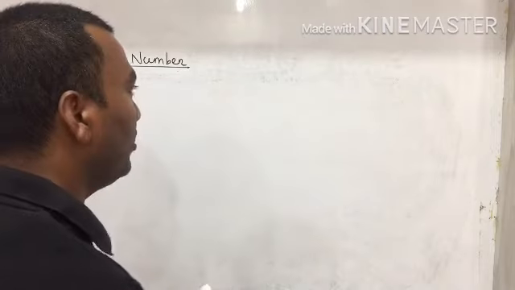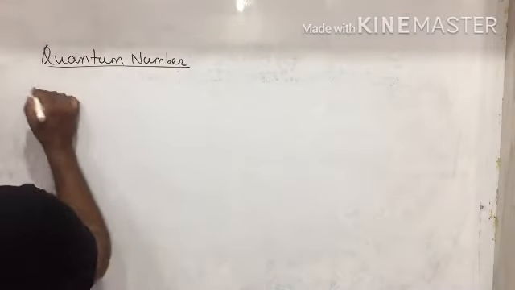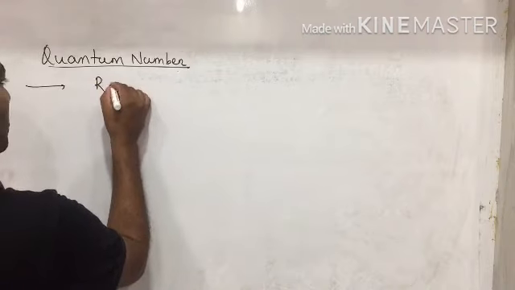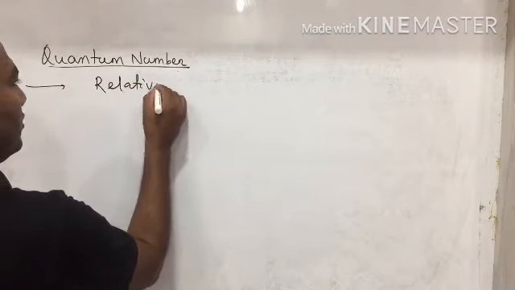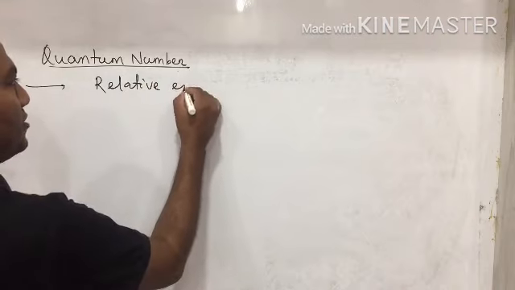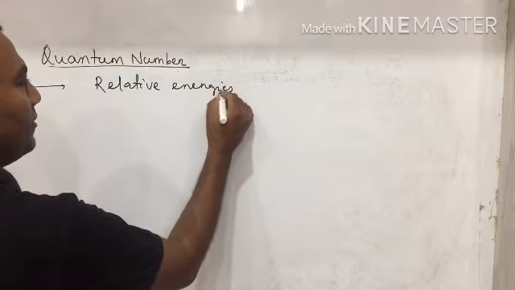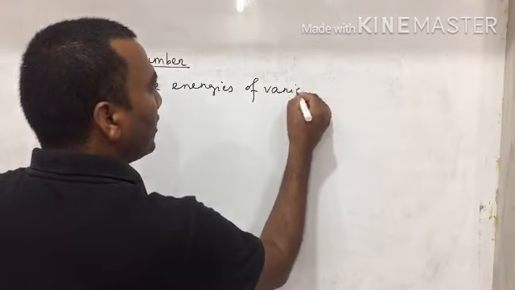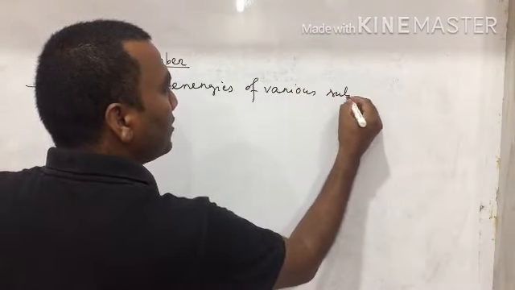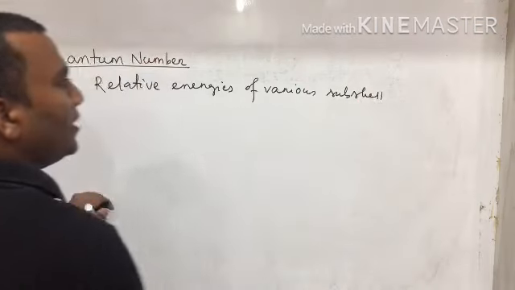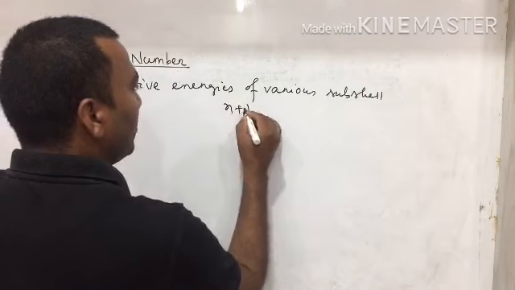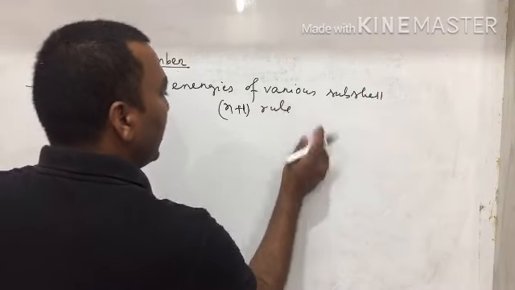That is called the n plus l rule. So the azimuthal quantum number also gives the idea about the relative energies of various subcells, which can be explained by the n plus l rule.